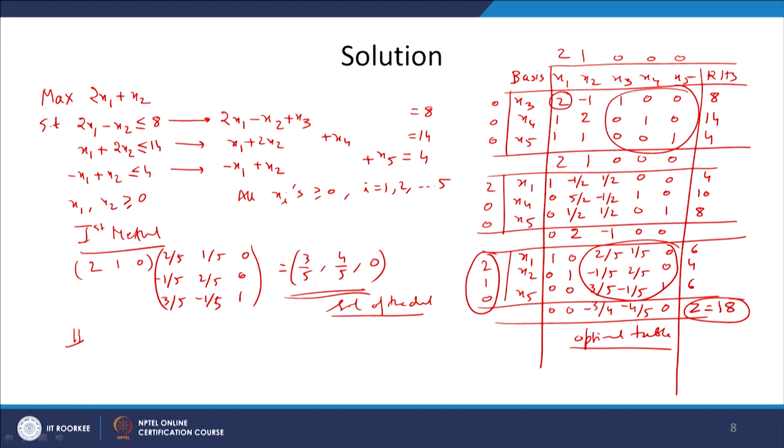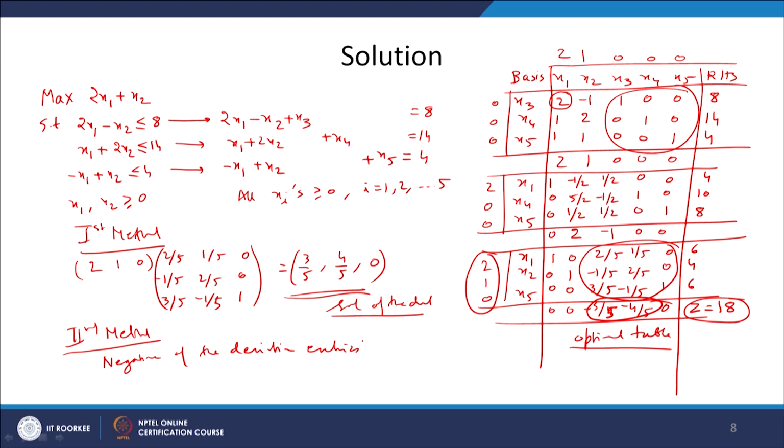Second method is you just look at the deviation entries over here, sorry this should be 5. If you look at the deviation entries over here, take its negative of the deviation entries corresponding to the inverse matrix starting from the initial table.